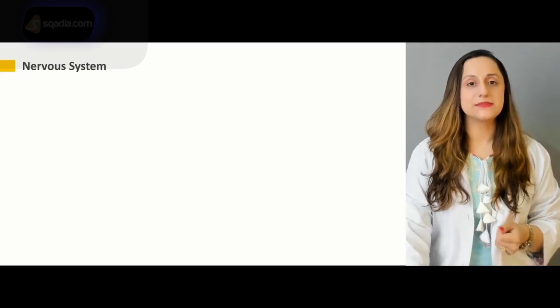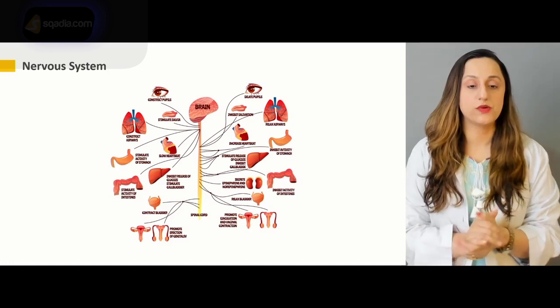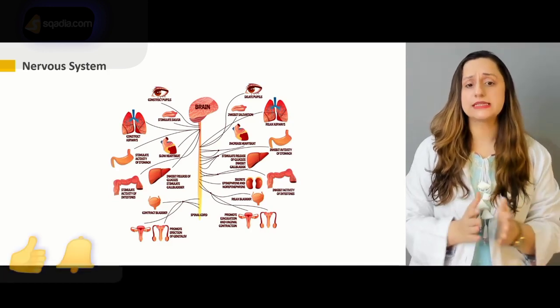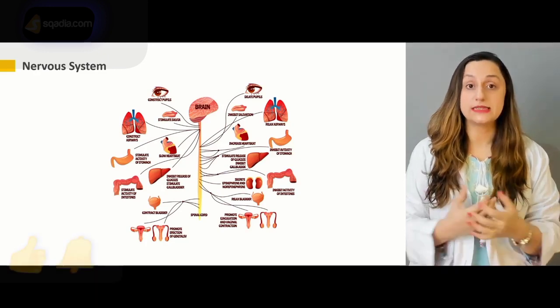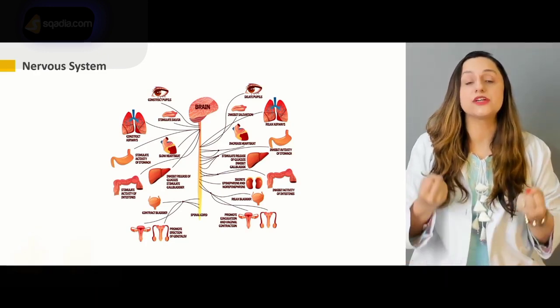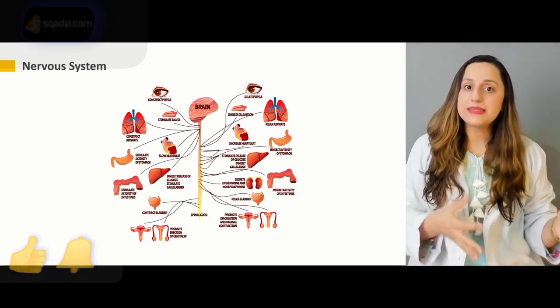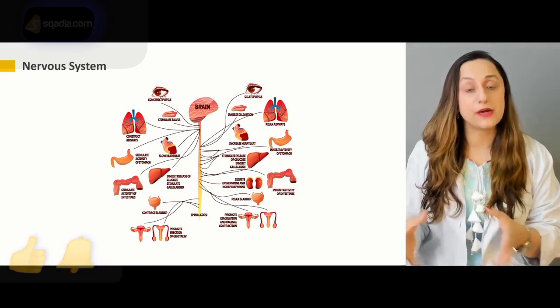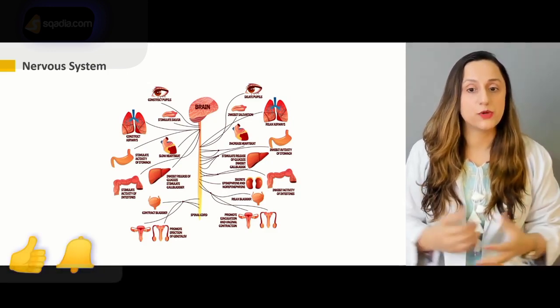So our nervous system is commanding the different organs of our body. For the purpose of studies, and obviously even for the functionality of the body, there is a sympathetic and, on the other hand, a parasympathetic nervous system present in our bodies.